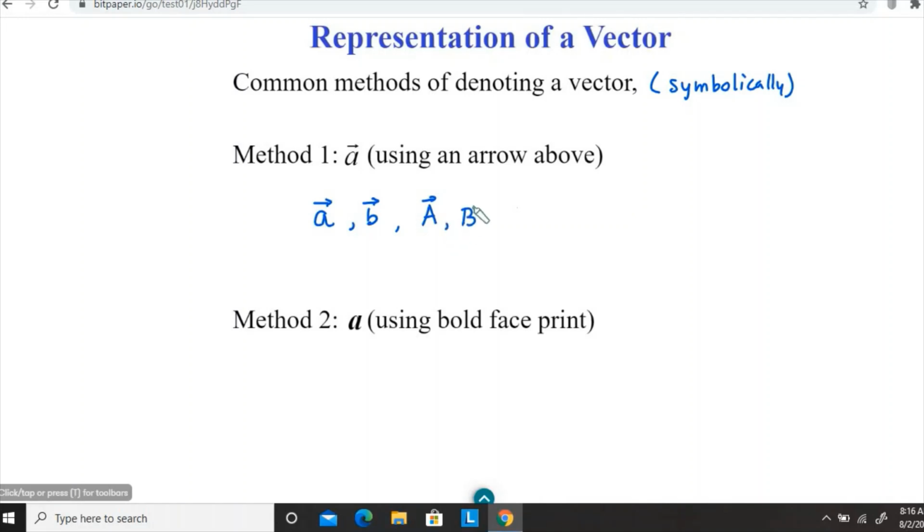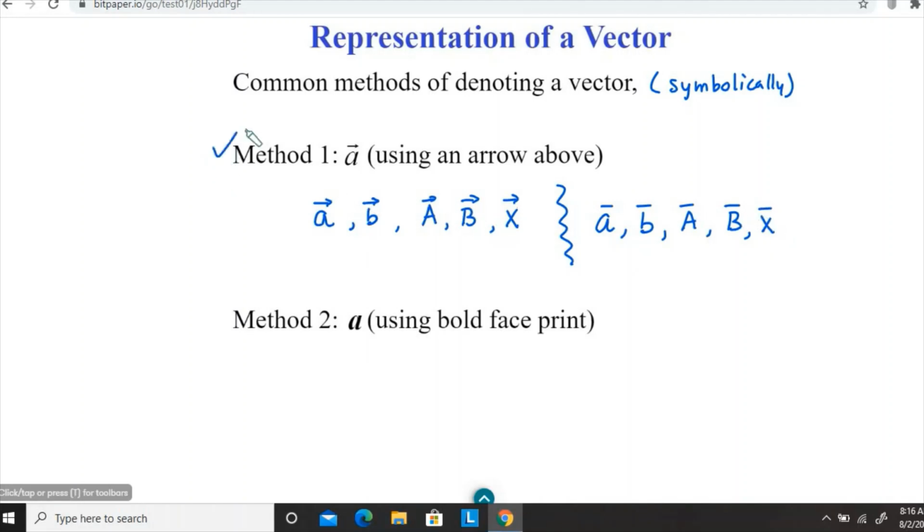If you see this notation, then you know that you are dealing with a vector quantity. Sometimes instead of writing the arrow, we even put a tiny bar on top of a letter. Again, it symbolizes a vector. So keep that in mind. That's how we represent a vector.